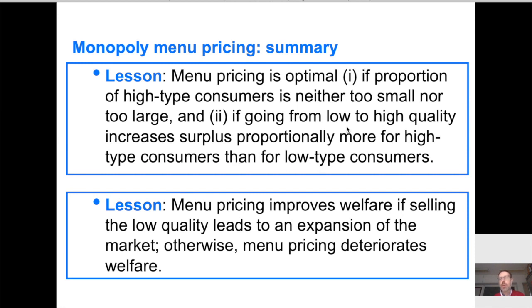This is the condition we verified at the very start of our exercise. Universities are willing to pay a larger premium to go from the basic version to the pro version than businesses are. Now, if we look at the welfare effect of menu pricing, we see that menu pricing improves welfare if selling the low quality leads to an expansion of the market. Otherwise menu pricing deteriorates welfare.